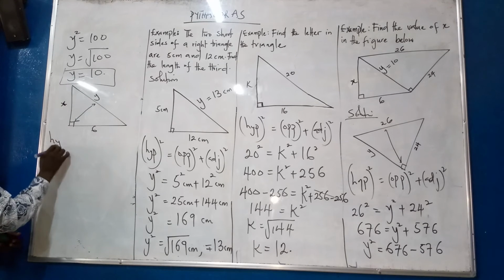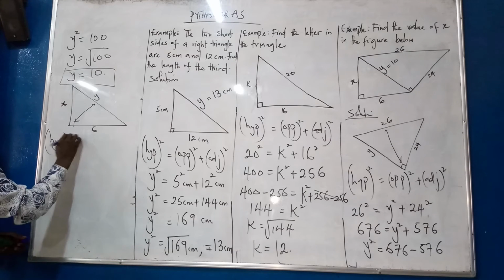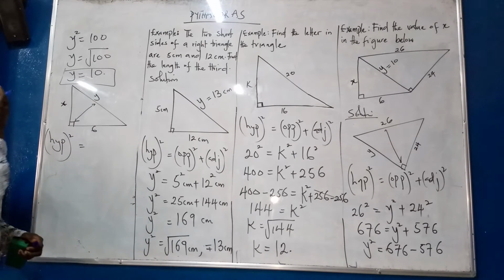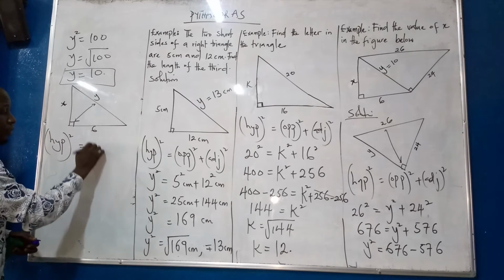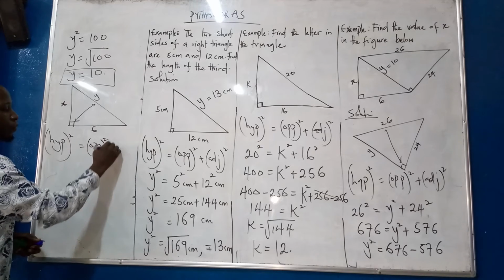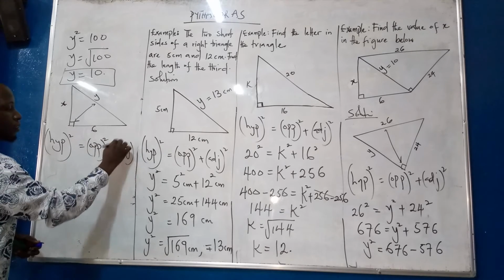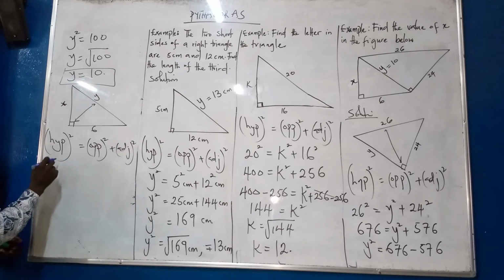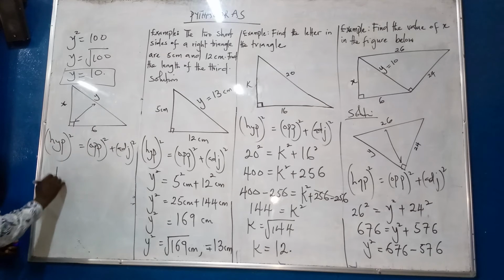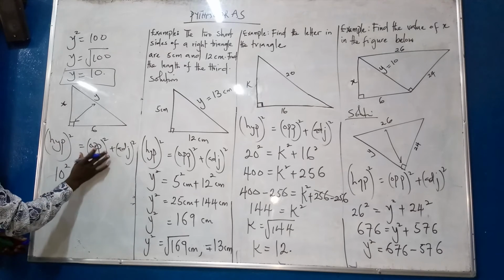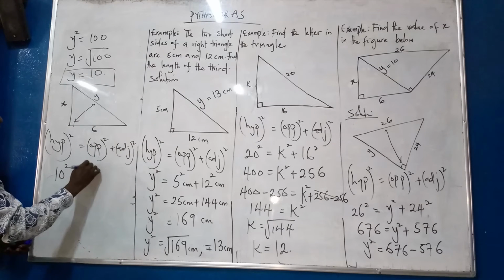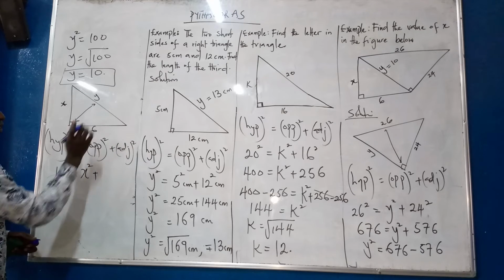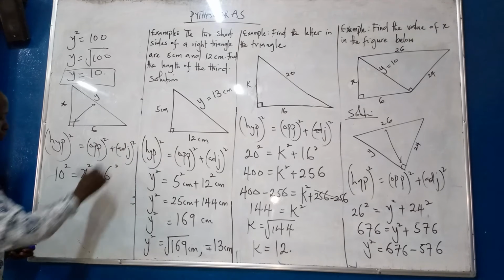Now following the formula, hypotenuse square equals opposite square plus adjacent square. This will give us hypotenuse 10 square equals opposite, let's take it as x squared, plus adjacent, which is 6 square.